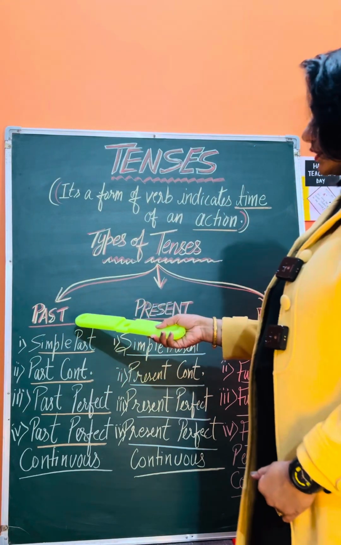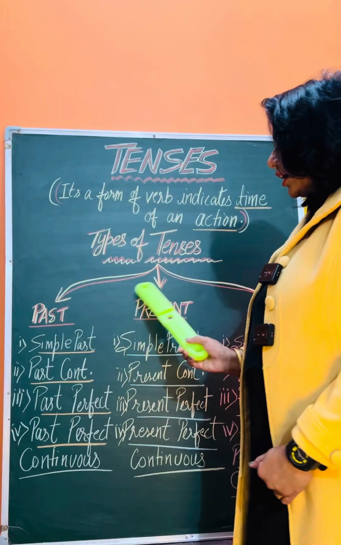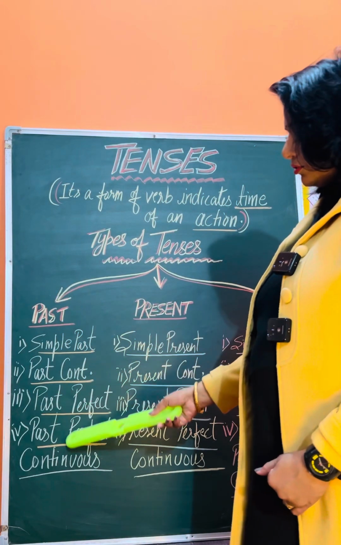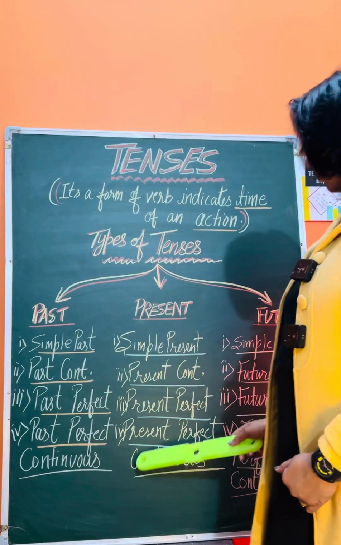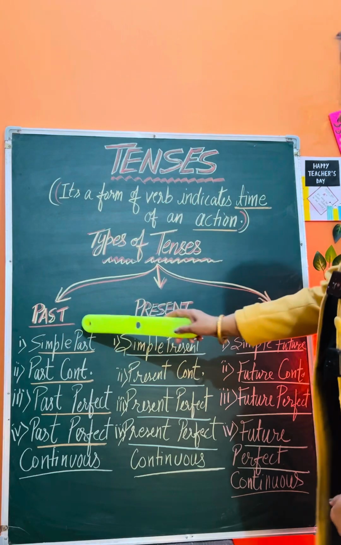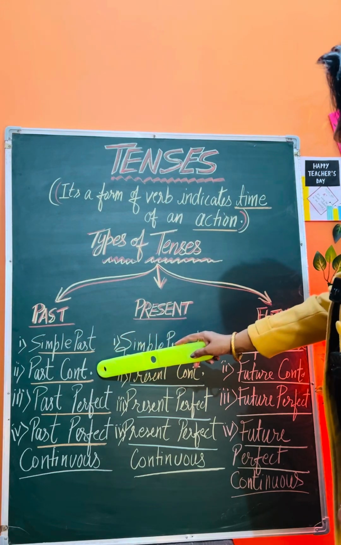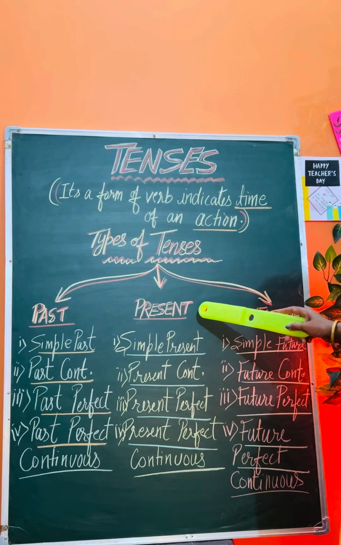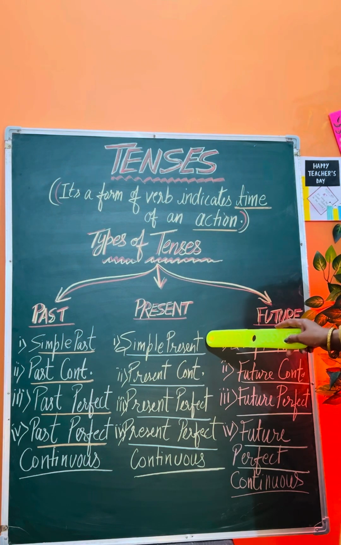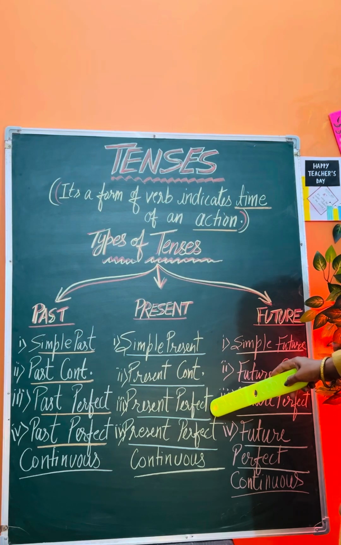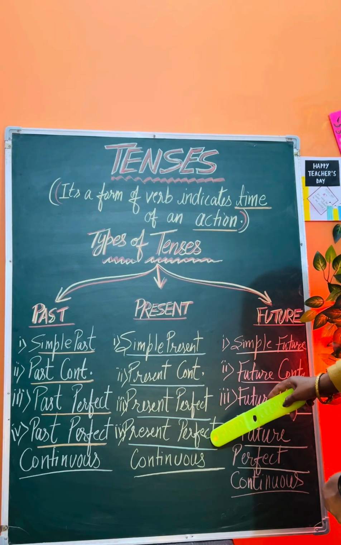So let's study how these three are divided into four subparts. Past will be divided into four, present will also be divided into four, and future again into four parts. Past will be simple past, past continuous, past perfect, past perfect continuous. Next, simple present, present continuous, present perfect, present perfect continuous.